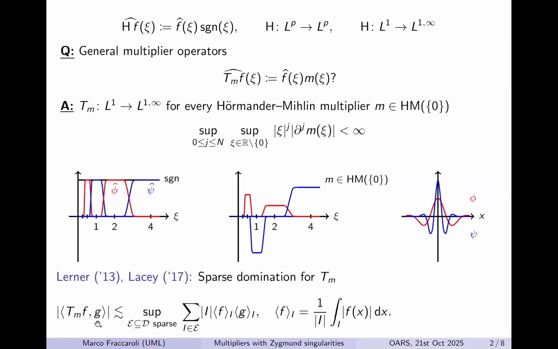You see that we have dualized the operator with a function g in terms of a positive form, which is made out of averages of f and g summed over not all dyadic intervals. These calligraphic Ds are the dyadic intervals, but over a subfamily of sparse dyadic intervals, where sparse is the next best thing after disjointness. For example, if you look at this collection of intervals, they are not going to be disjoint because we have some overlapping.